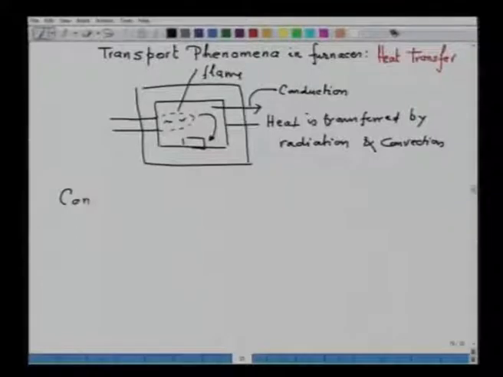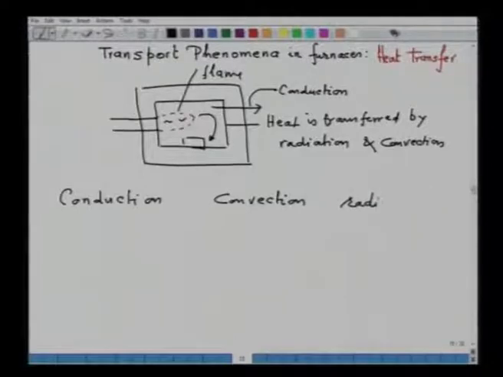As we look at the heat transfer mechanisms operative in a furnace, they are conduction, convection, and radiation. In conduction, heat transfer occurs by transfer of vibrational energy from one molecule to the other.